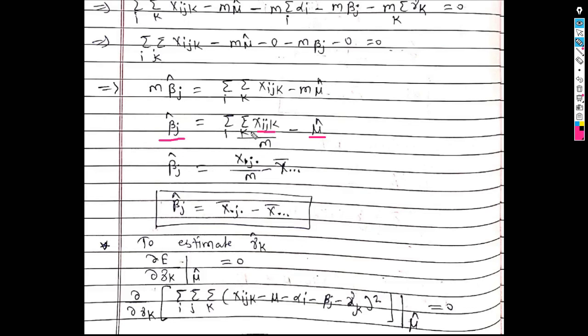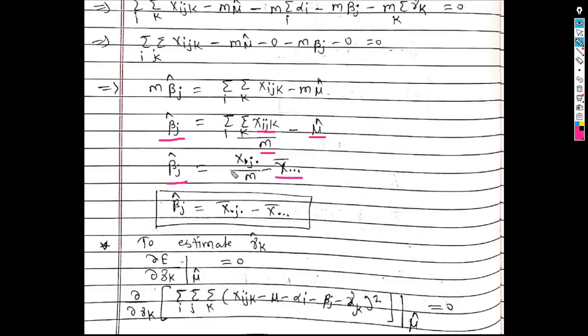When we take the summation over i and k, xijk is nothing but the jth column total, that is the sum of the observations of the jth column, with m observations in that jth column, minus mu hat. In this way beta j hat is x dot j dot upon m minus x̄ dot dot dot.